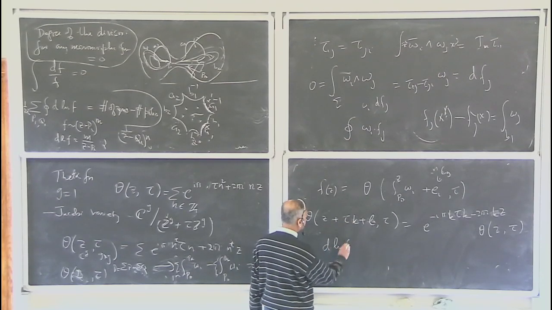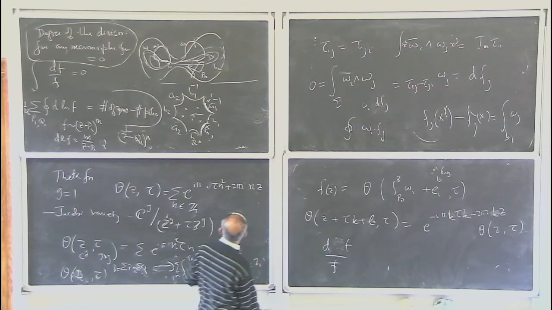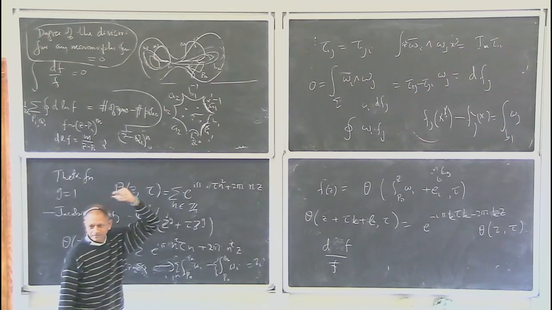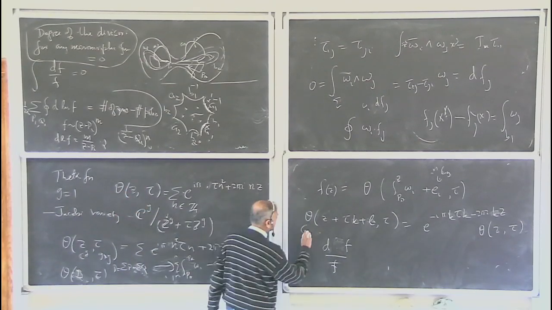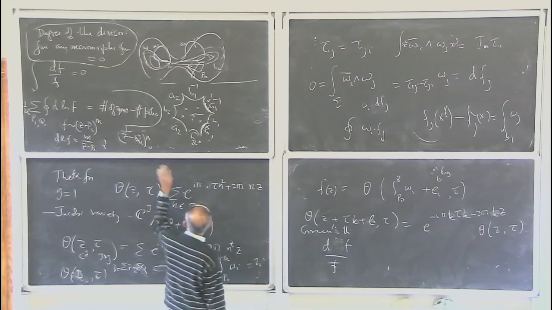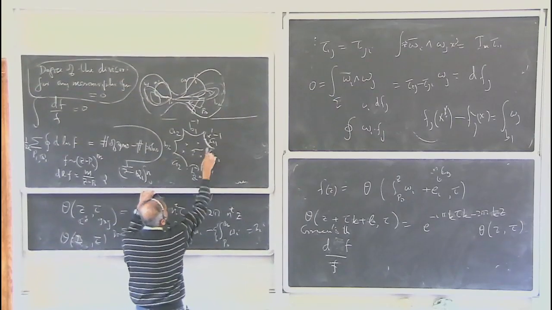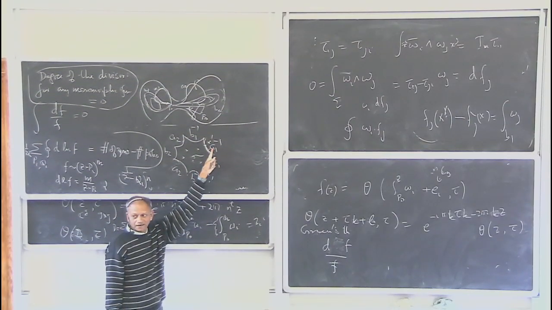Take d log f, I mean df over f, and integrate around the polygon. This is the Green's theorem. So you integrate around it, but now the A1 cycle and A1 inverse cycle will not cancel.